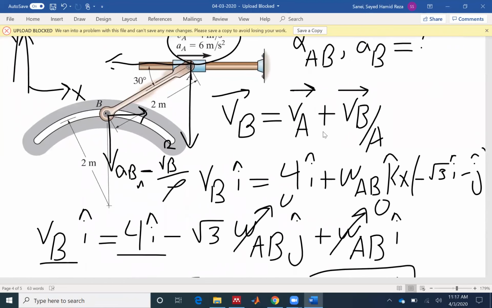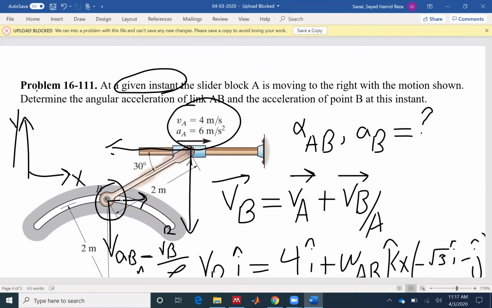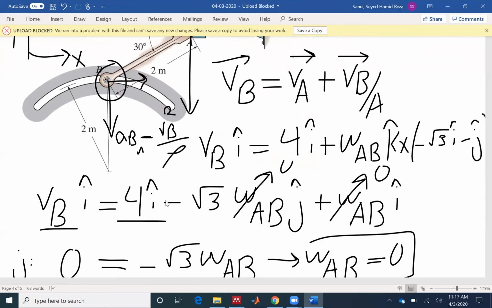The other important point is that for acceleration, we always have two components unless it's just a horizontal, linear motion. So here, we had two components of acceleration that we had to consider, and also two components of acceleration for link AB, but one component was 0 because omega AB was 0.